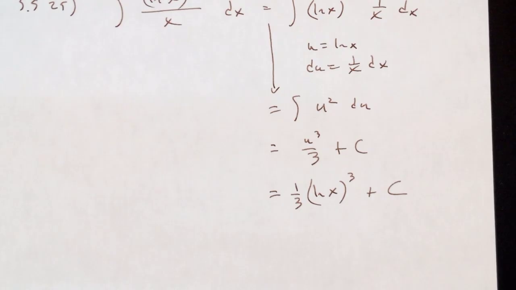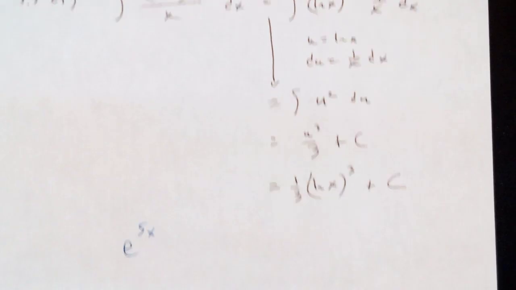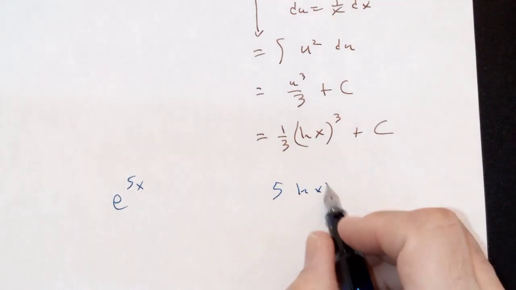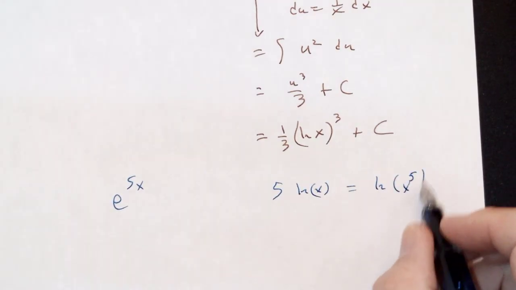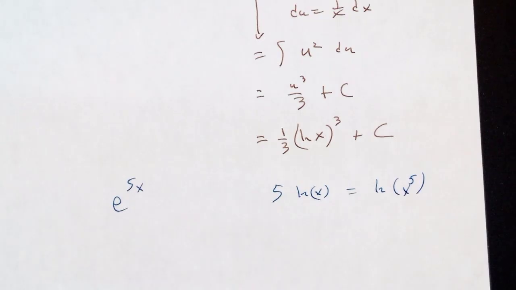How do you know what you can take out and what you can't? No, that only works for a logarithm, not for an e. It is 5 ln of x that becomes ln of x to the 5th. It only works on logarithms, not on exponentials. What we're thinking of is multiplying powers, right?